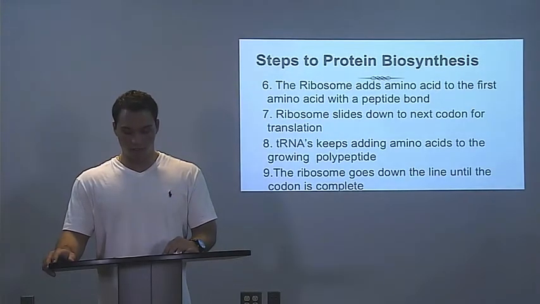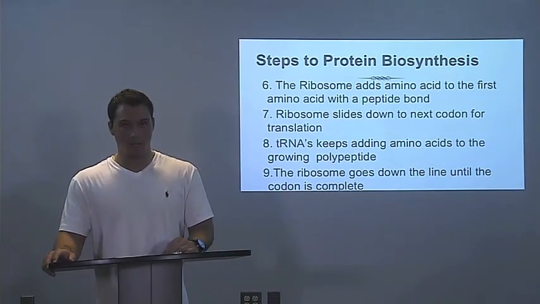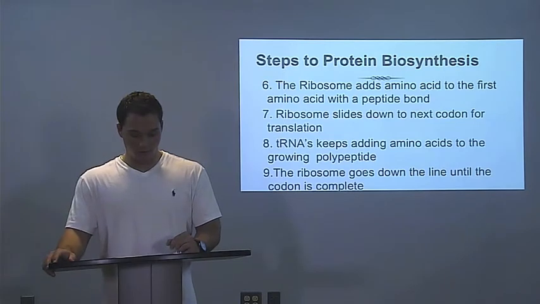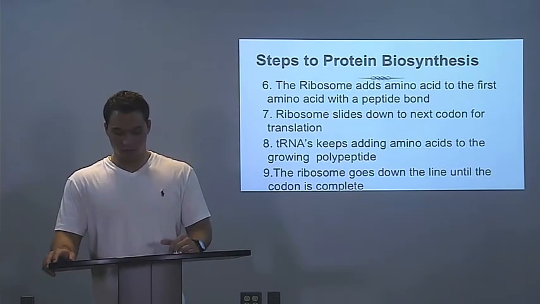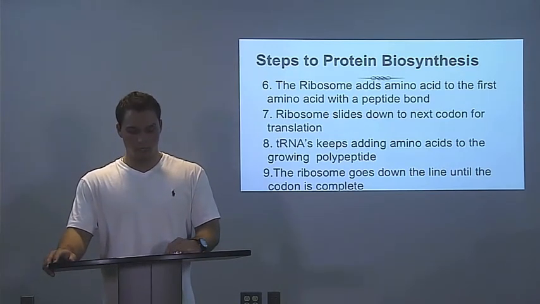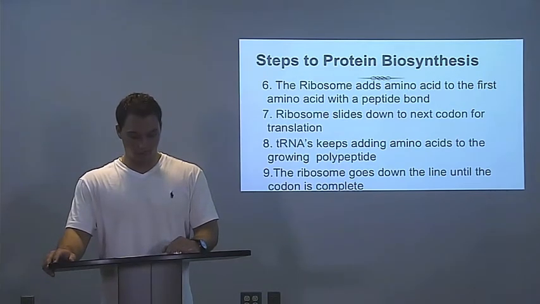Ribosomes add amino acids to the first amino acid with a peptide bond. Then the ribosome moves down to the next codon for translation. tRNAs are released and bring back amino acids to the growing polypeptide chain. This keeps going until the codon is complete.